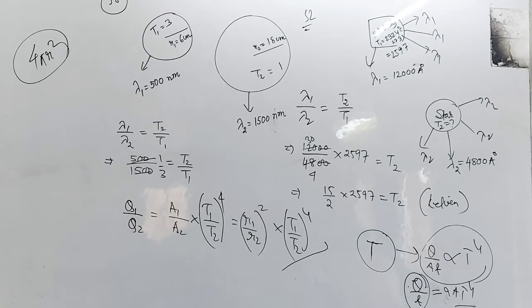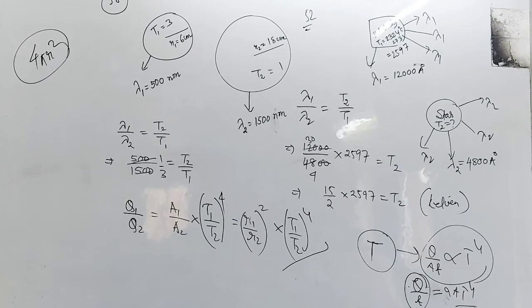A black body at a temperature of 200 Kelvin is found to emit maximum energy at a wavelength of 14 micrometer. That is very simple.